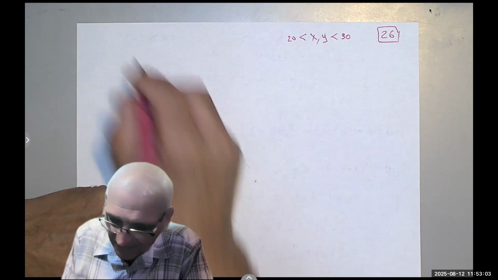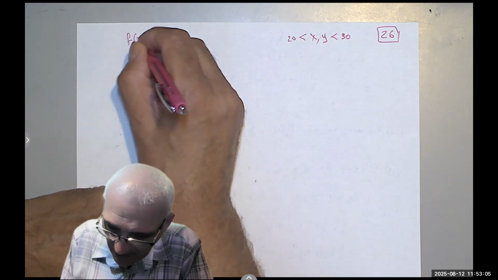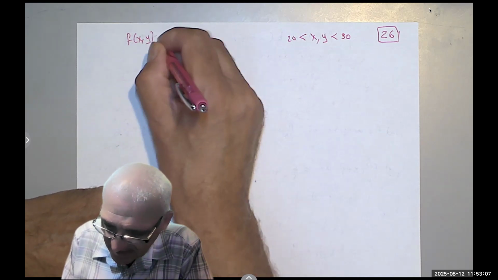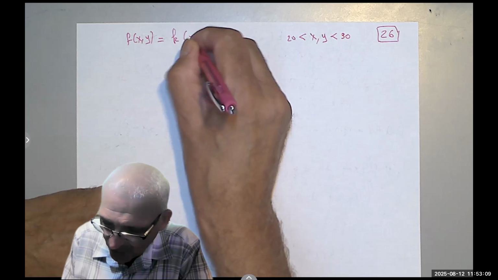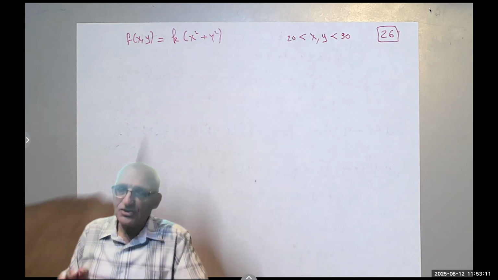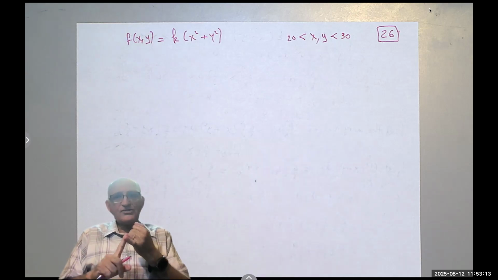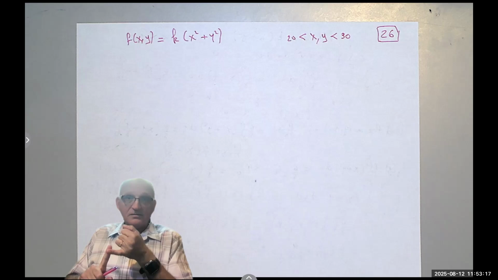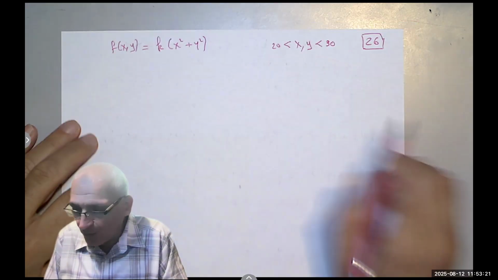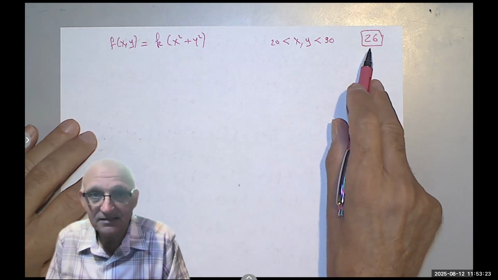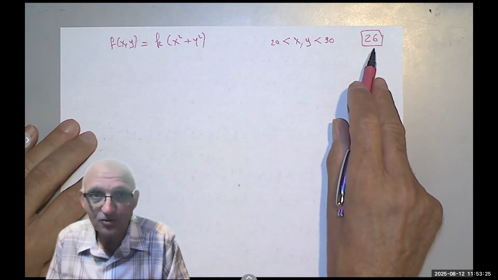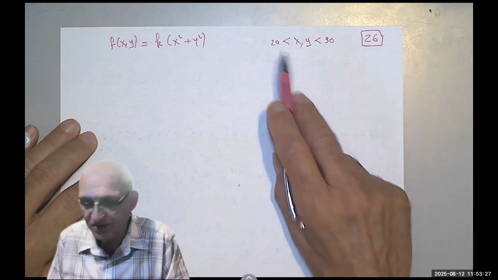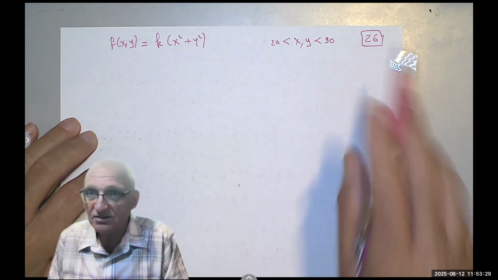The function for them, f(x, y), is given to you as k times x squared plus y squared. They ask you first to find the value of k. Second, to find the probability that both are underfilled, meaning they are going from 20 to 26, but not 26.